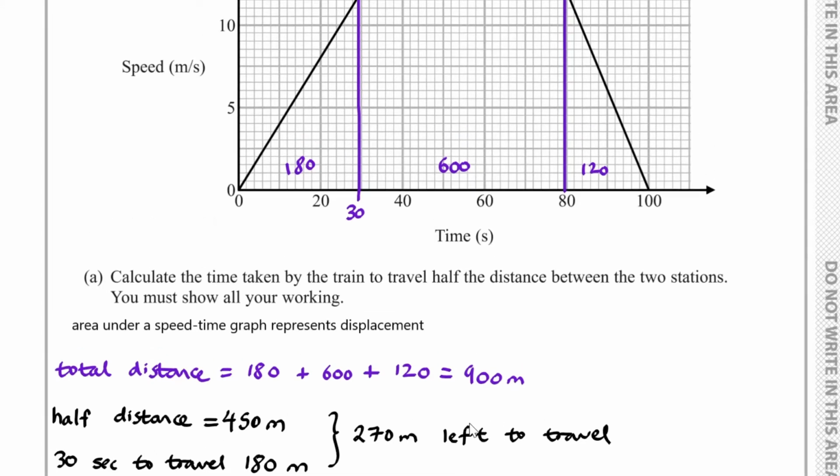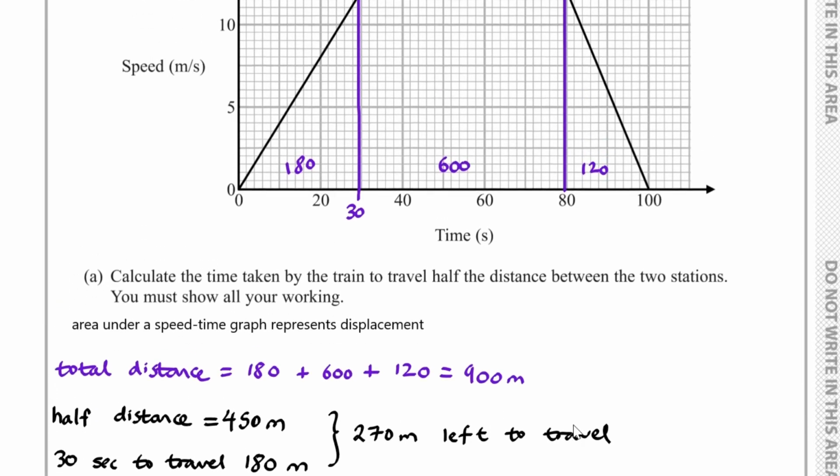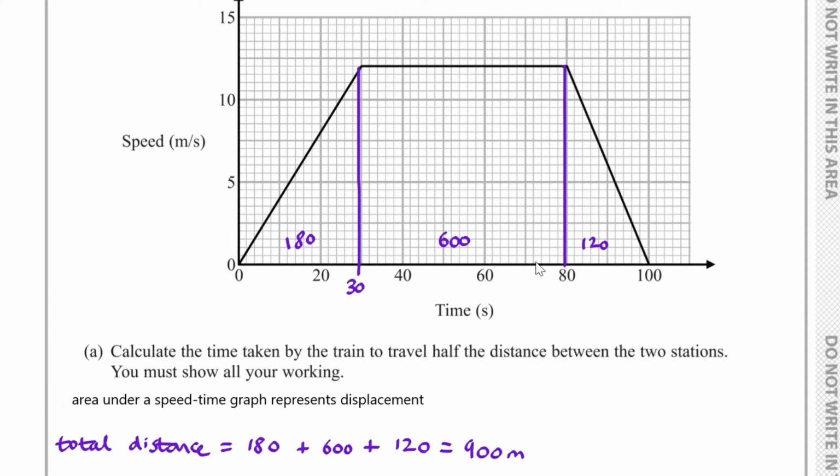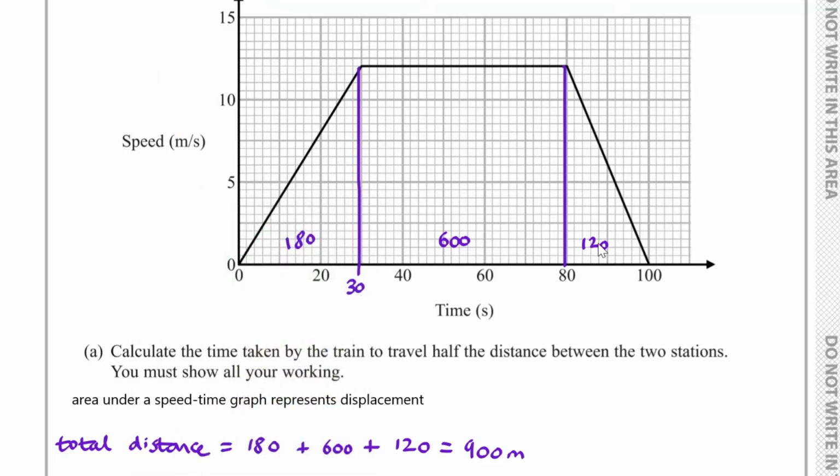So what does this mean over here? 22.5 seconds, so here that'll be 50, so here we've got 50, 55, okay, so 22.5, that's going to be in between. So here we've got 30 plus 22.5, that's 52.5.